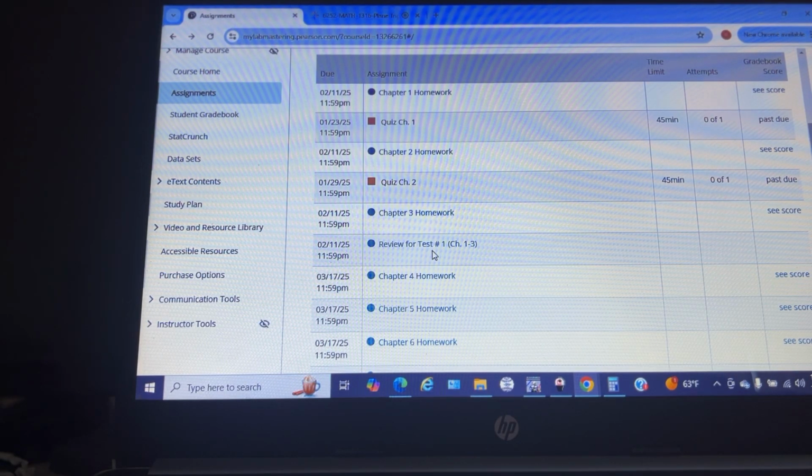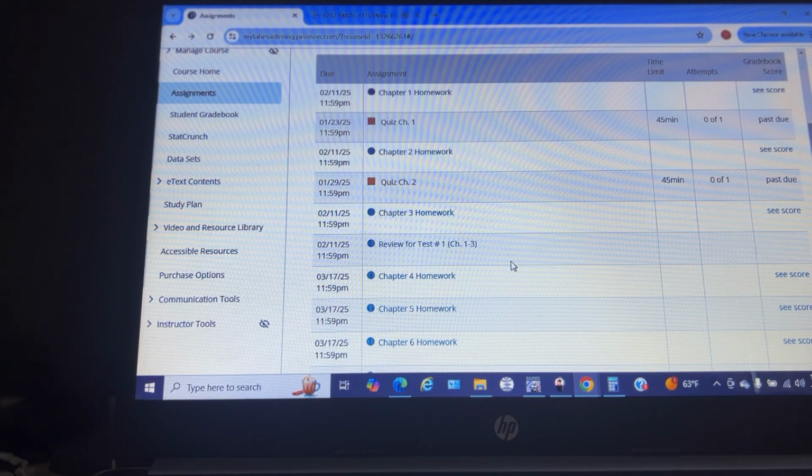The test will have a 2-day window. And since all these things from the review on up are due February 11th, 11:59 p.m., that's when the test is due. So that means you can take the test on February 10th or February 11th. And you get one attempt only, but one of those 2 days you should take the test. But hopefully you finish all the homework and the review before you take the test.